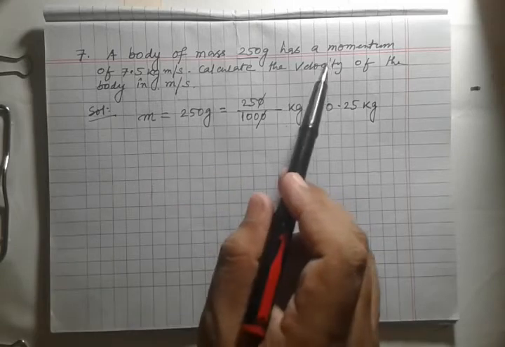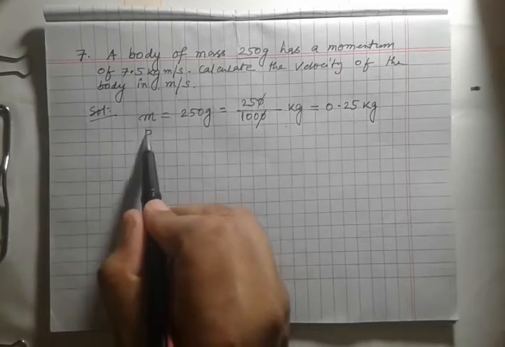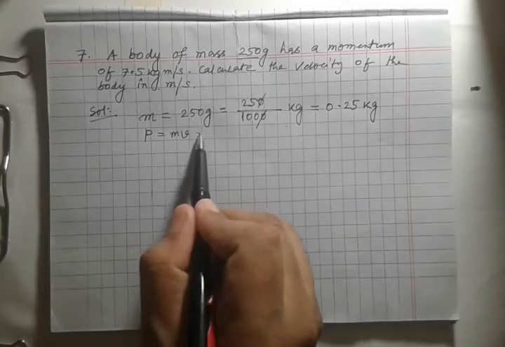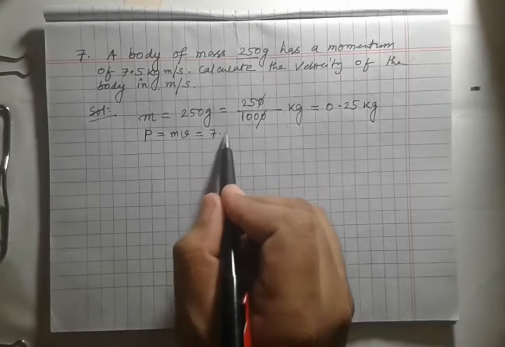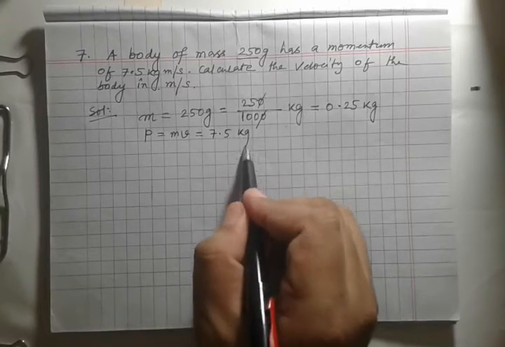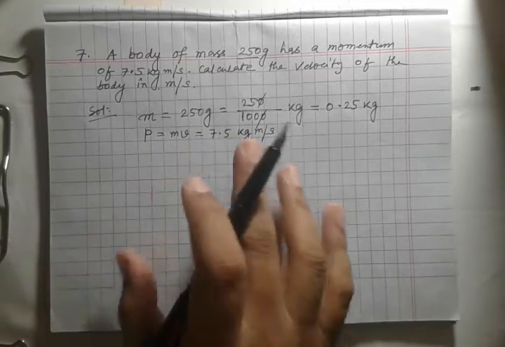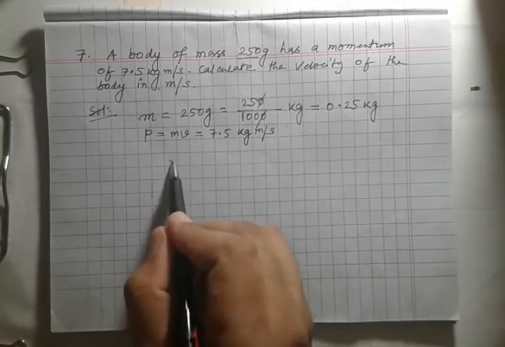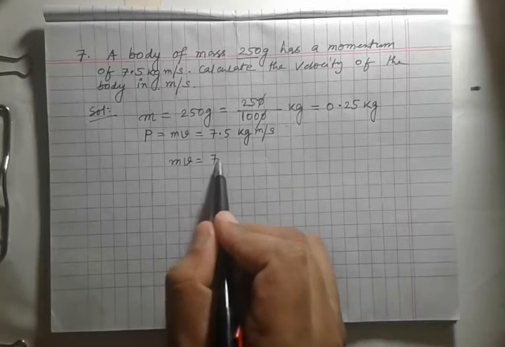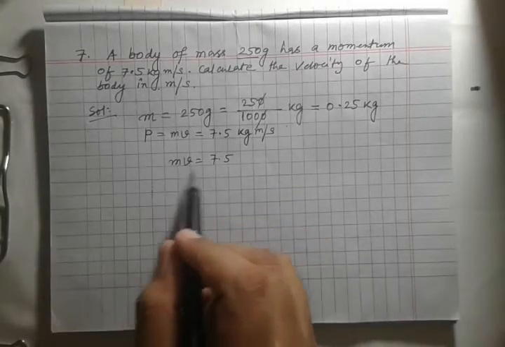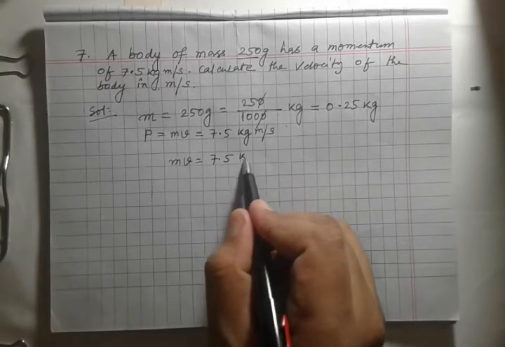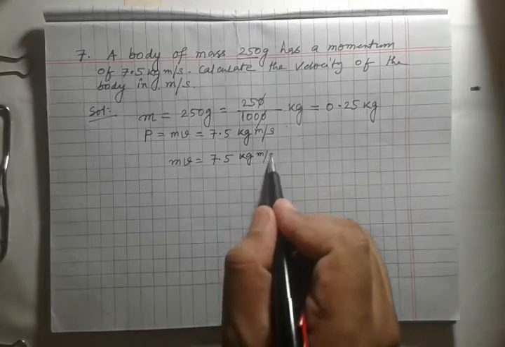Okay, so momentum is given, means p is given. p is equal to mv is equal to 7.5 kilogram meter per second. Okay, so this thing we calculate. mv is equal to 7.5. You can write the unit also, kilogram meter per second.